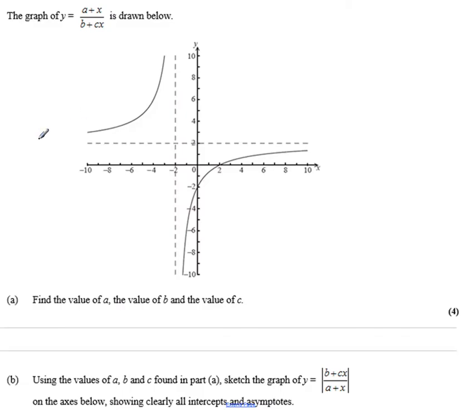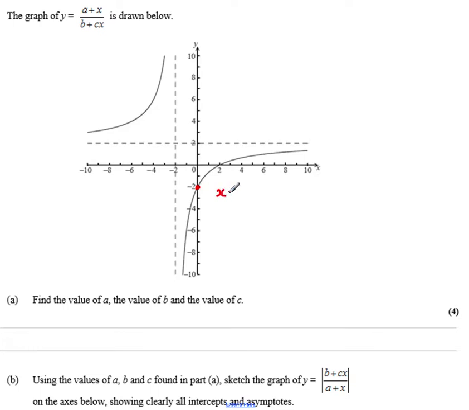For this question, we've got a nice graph of a rational function, and we need to find the values of a, b, and c. Now, over here, let's just write down some equations of asymptotes and see where we get to. Okay, we've got some asymptotes and we've got some intercepts. Let's start off with this intercept here.